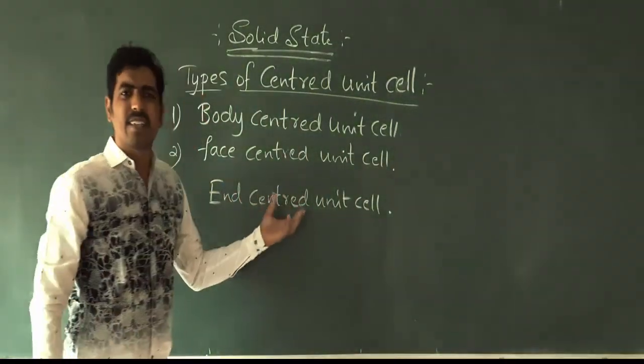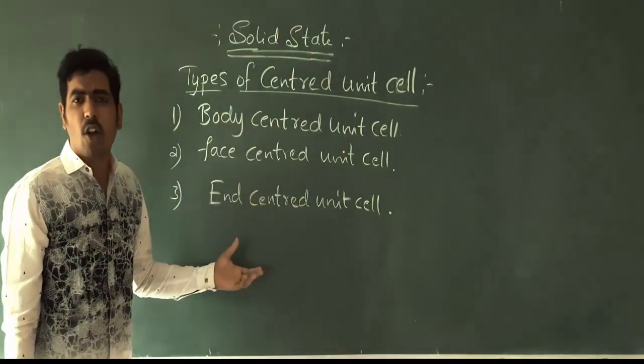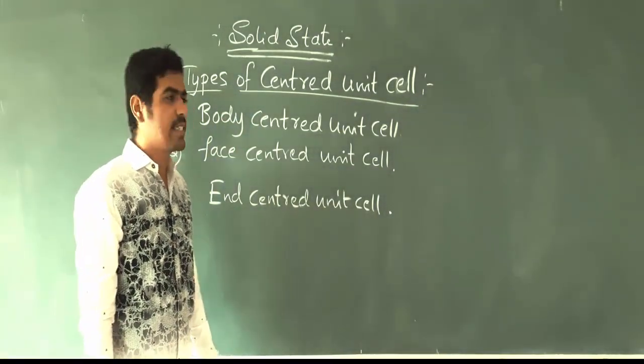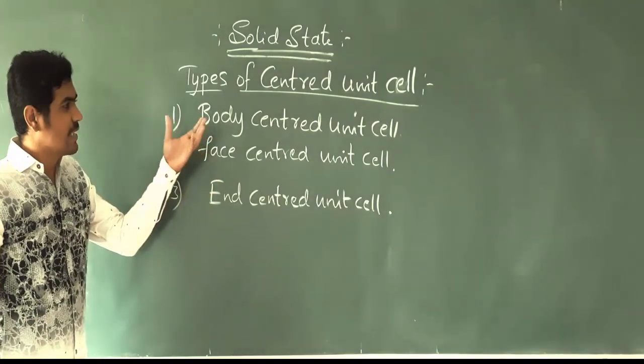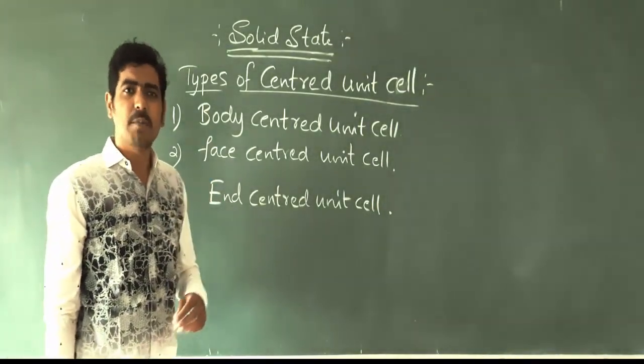So these are the 3 different types of non-primitive or centered unit cell. So what do these types of unit cell mean?